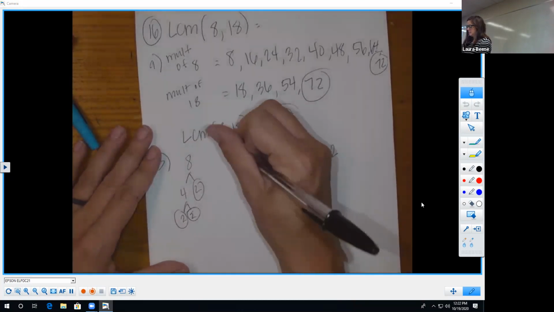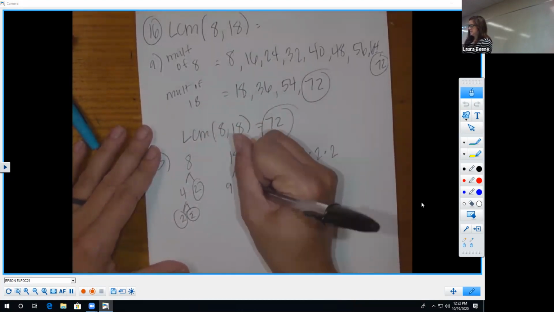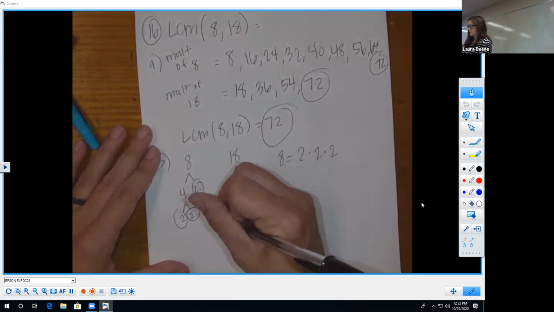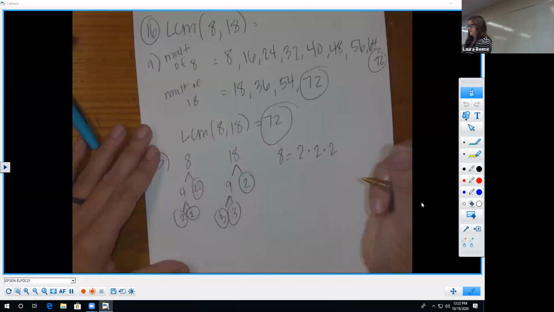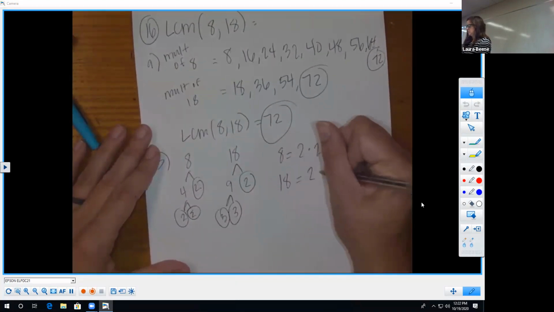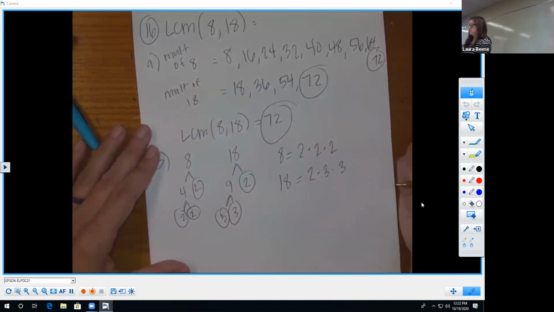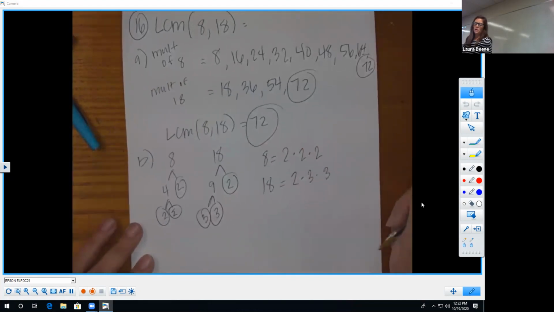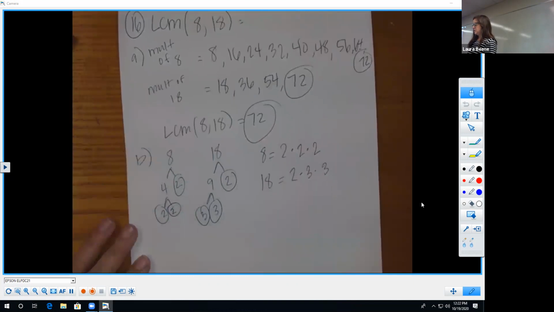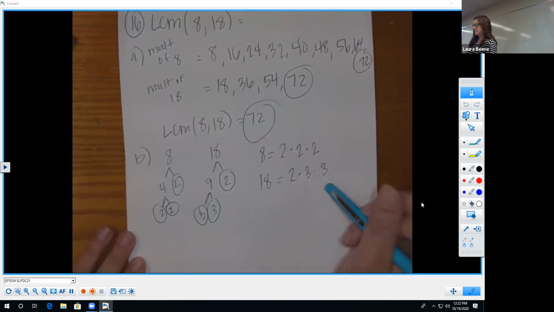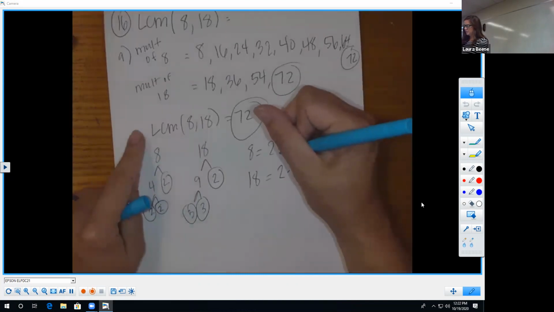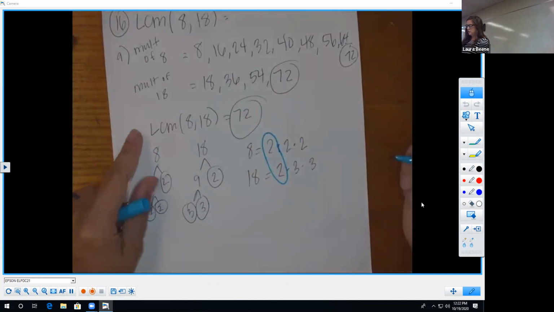18 is 9 times 2, and 9 is 3 times 3. So 18 is 2 times 3 times 3. For the least common multiple of 8 and 18, you find the greatest common factor first, which in this case is just 2.